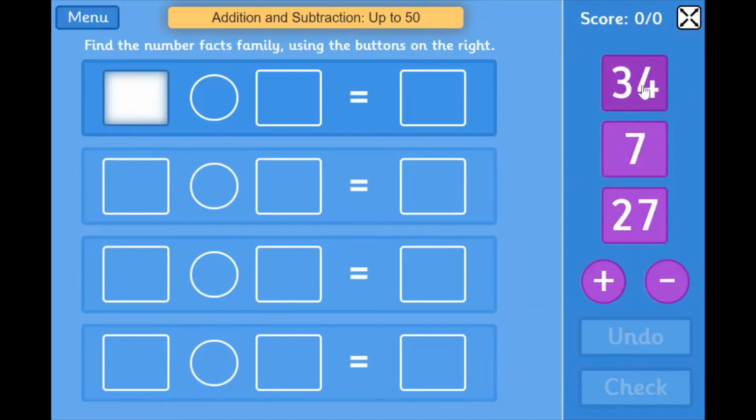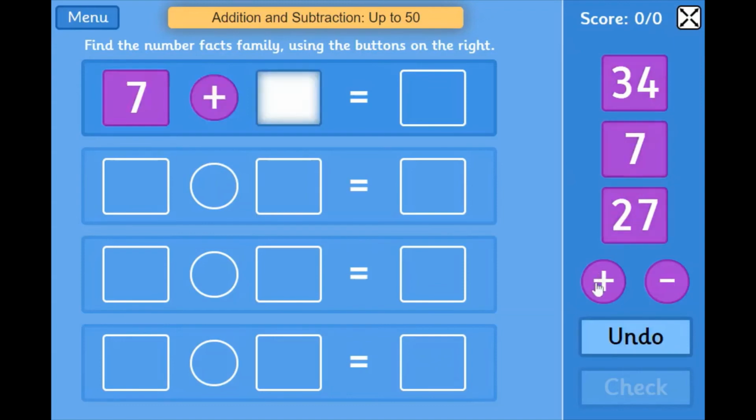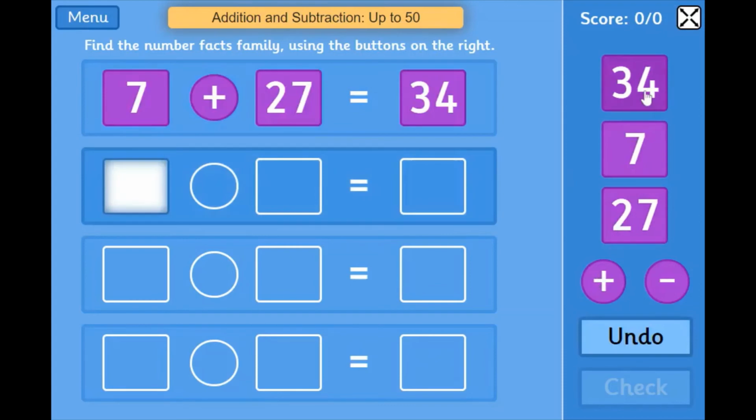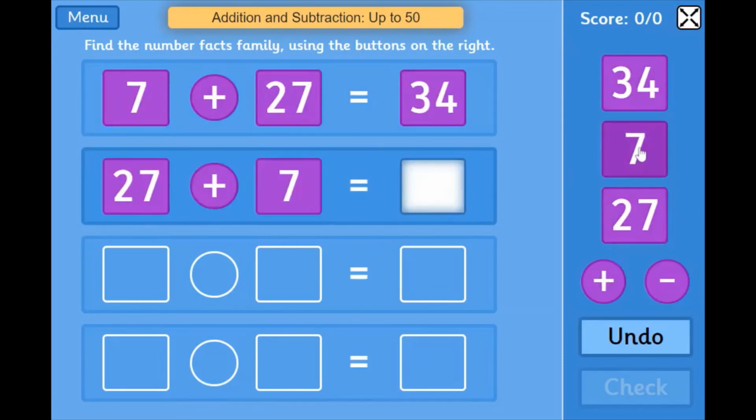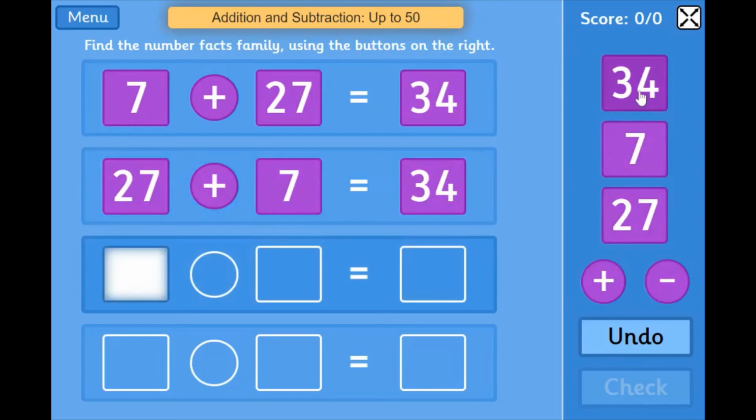So 34 is the biggest number, so that's obviously going to be the answer for the addition questions. So I'm going to do 7 add 27 equals 34, and then 27 add 7 equals 34. And then remember, for the 2 subtractions, you must always start with the biggest number.